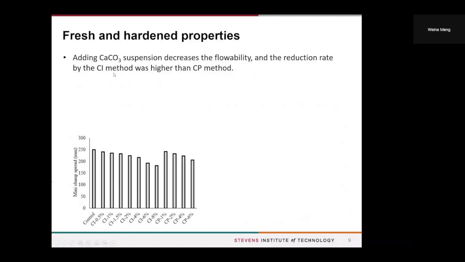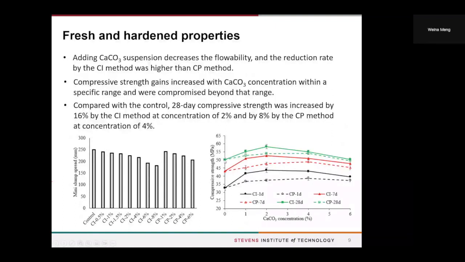And the CI method obviously has a pronounced effect on reducing the flowability. In terms of the compressive strength, both the CI and CP methods increase the compressive strength first and then decrease.